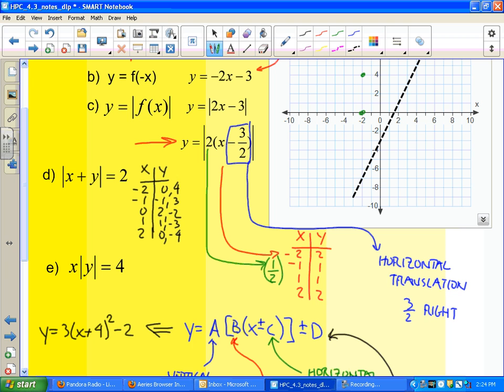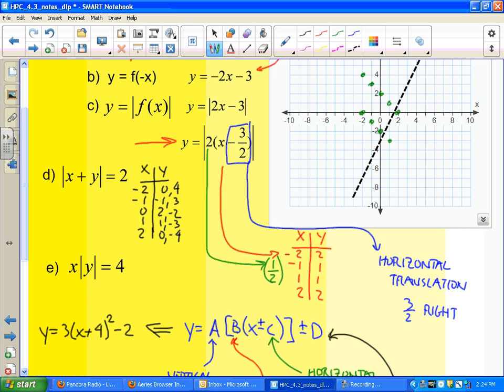Negative 1, 1, 3. Oh, that's positive 1. So there's 3, and there's negative 1. And then 0, 2, negative 2. So negative 2 and positive 2. And then 1 and 1 and negative 3.